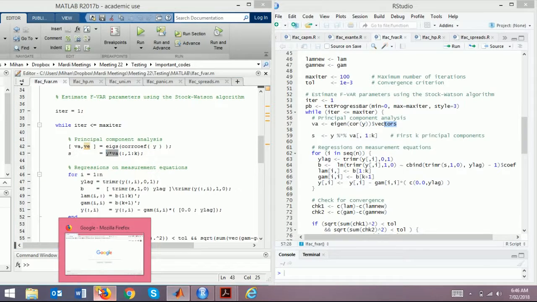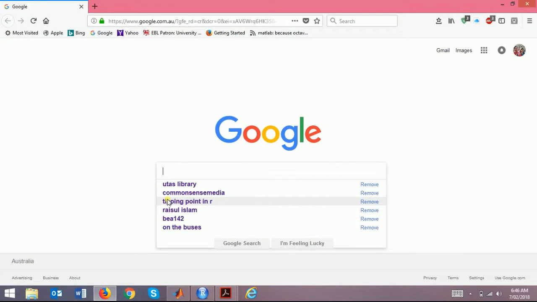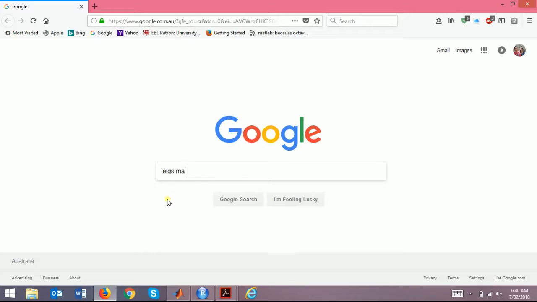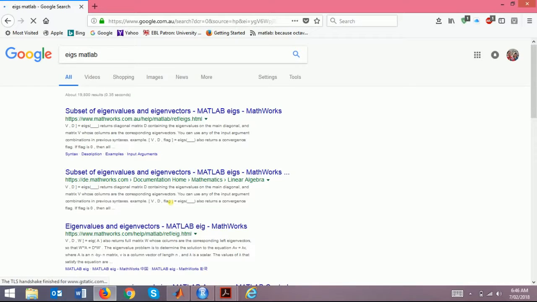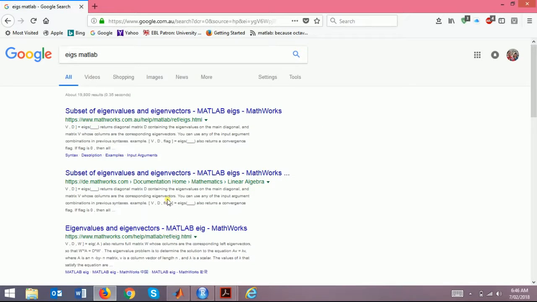Eigens, eigs, eigens, magnitude of eigenvalues. I'm looking for the eigenvalues here. So principal component decomposition. We want an initial estimation of k factors.